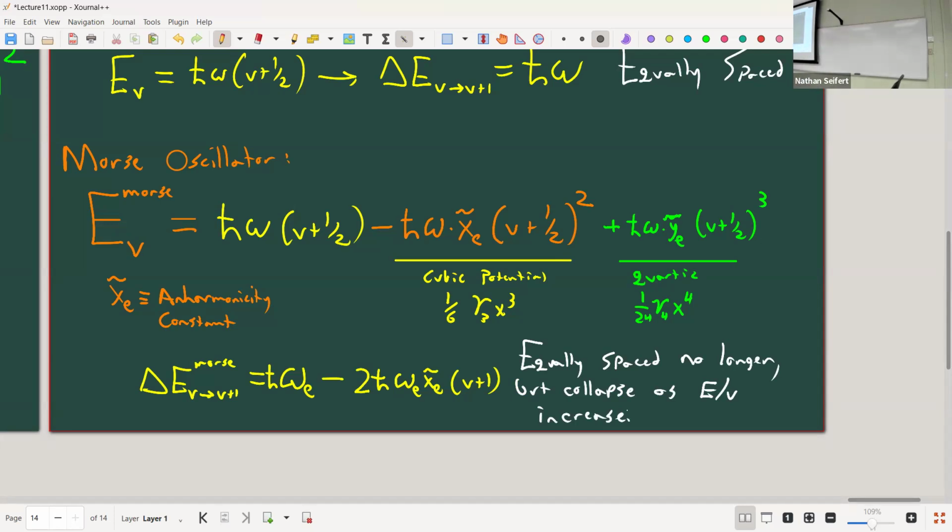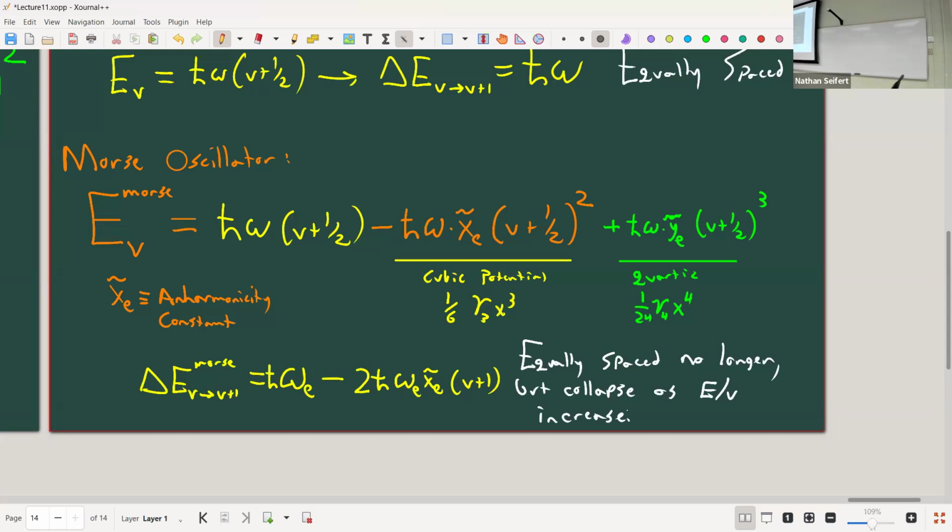What you should see in an anharmonic oscillator is it takes so much energy to go from 0 to 1, it takes ħω, and then it takes a little bit less energy to go to V equals 2 from V equals 1. And then a little bit less energy to go from 2 to 3, and then 3 to 4. Right? And it goes as V plus 1. It's linear in V up to second order, which is this term. This term will include a V plus 1 squared term, and so on and so forth.